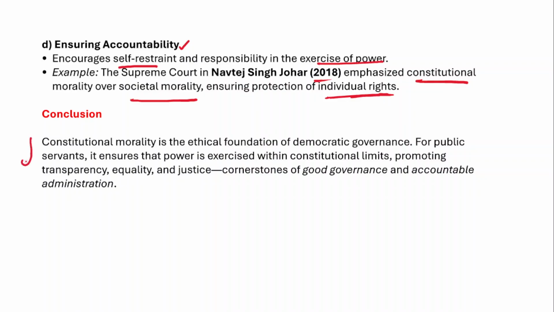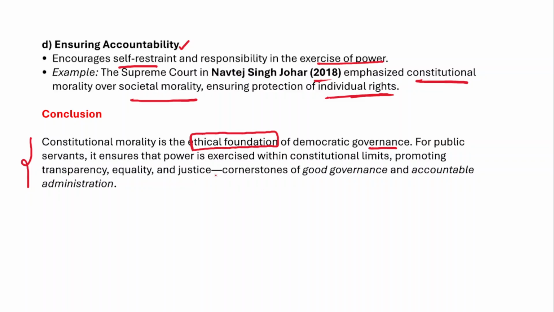And ultimately in the conclusion of this answer, we have understood how constitutional morality has been guiding the public servant in promoting good governance, also ensuring accountability. So therefore, constitutional morality is an ethical foundation for the democratic governance, particularly for a country like India.